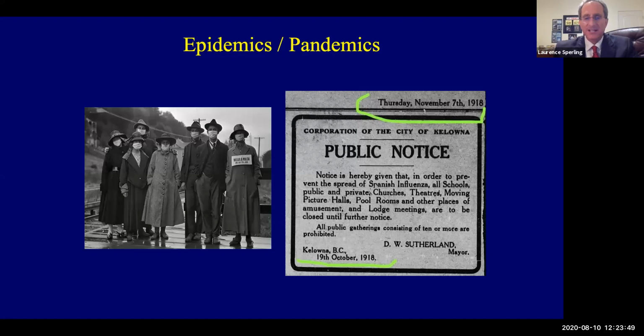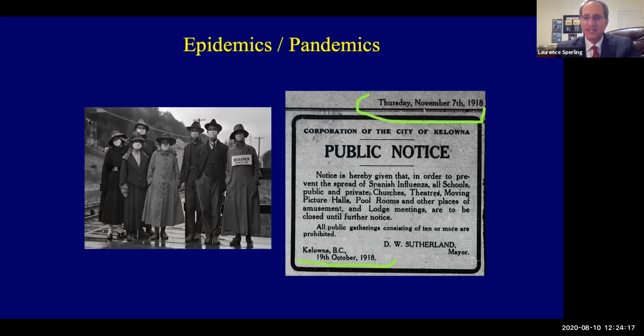Well, on the left-hand panel of this slide, you see a photograph that unfortunately looks very familiar to us today. You see a group of individuals together wearing masks. And what distinguishes this photo from our existence today is the black and white photo and the garb that these people are wearing. But you can see the woman all the way to the right-hand side is wearing a sign that says, wear a mask.